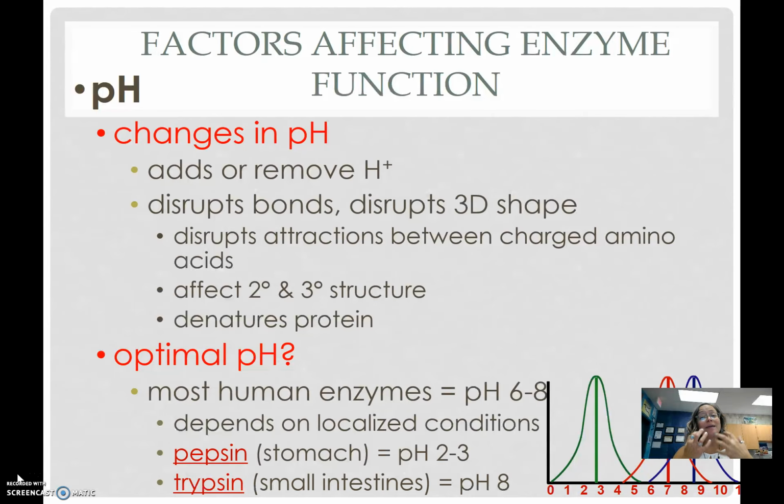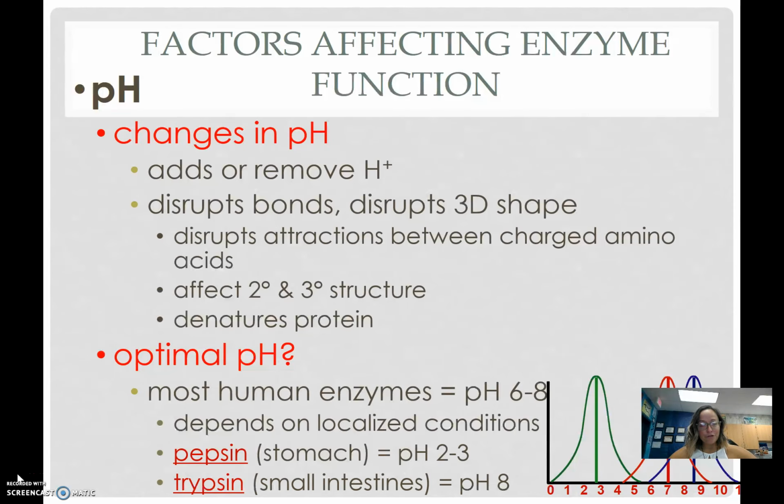So that enzyme, salivary amylase, will denature in your stomach and no longer function. But then you have an enzyme called pepsin that works in your stomach to break down proteins. There are peptide bonds between two amino acids, and pepsin will break that peptide bond by hydrolysis.